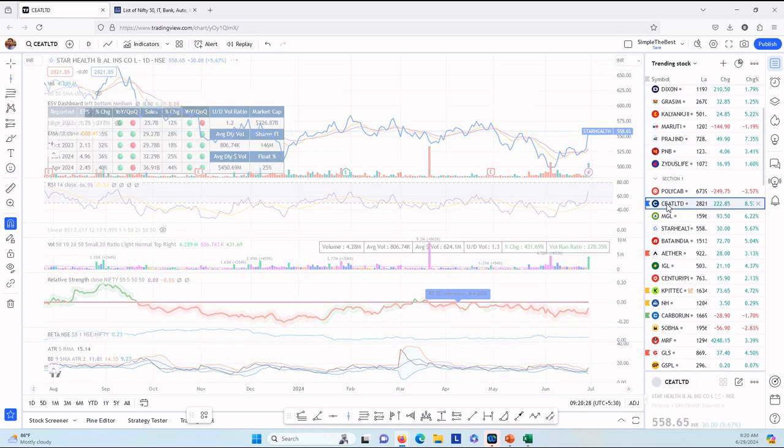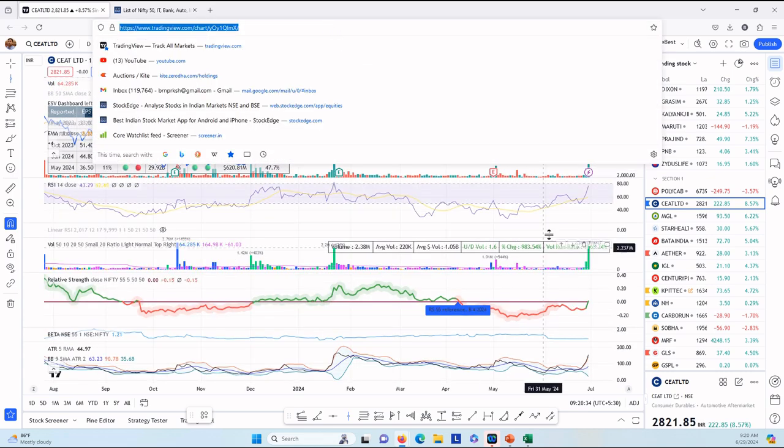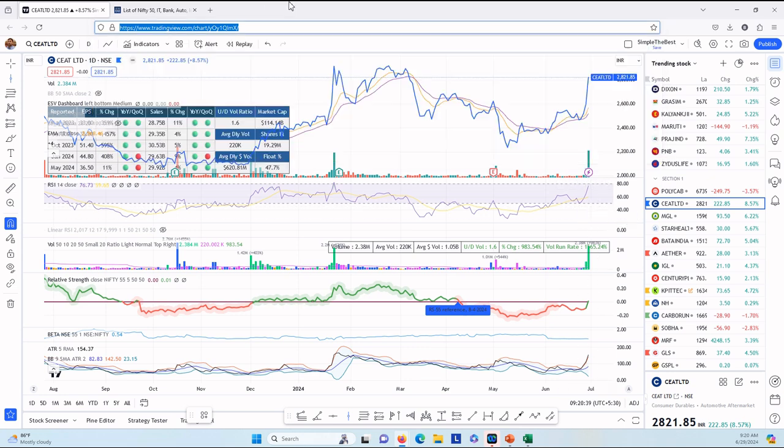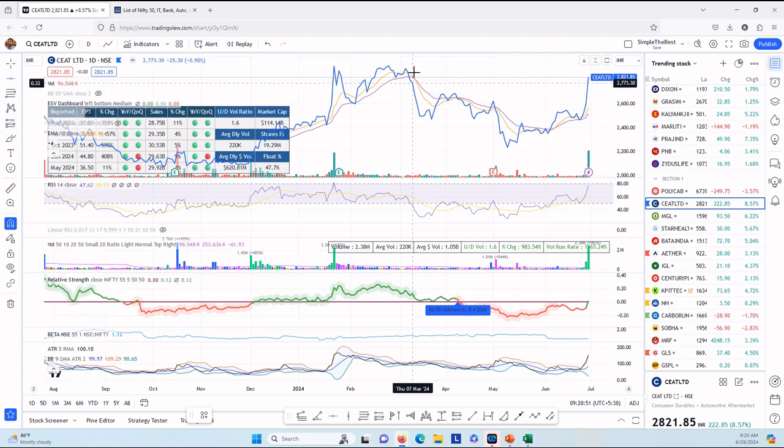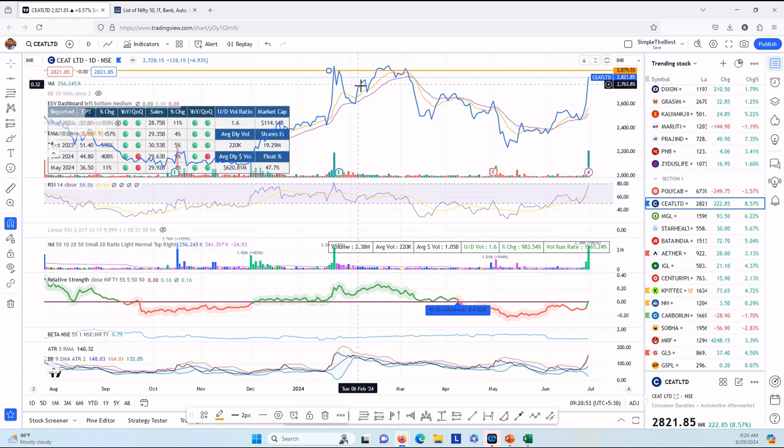I see this stock. What is this thing? The stock is also good, Create Ltd. But I need to wait some time until it crosses this level.